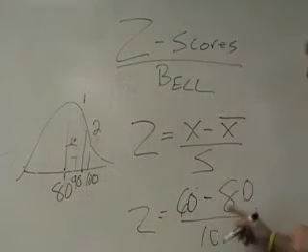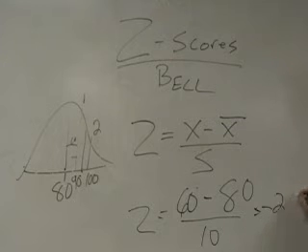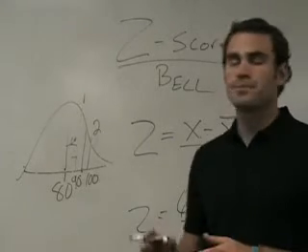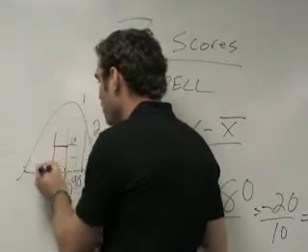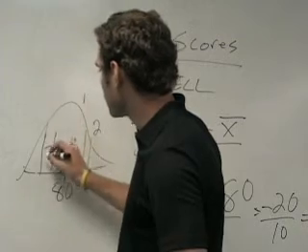Okay, just to confirm on the formula, 60 minus 80 is minus 20. Minus 20 divided by 10 equals minus 2. Okay? Minus 2. Well, it's not actually negative 2, but it's 2 in the negative direction. Okay? Or 2 to the left.